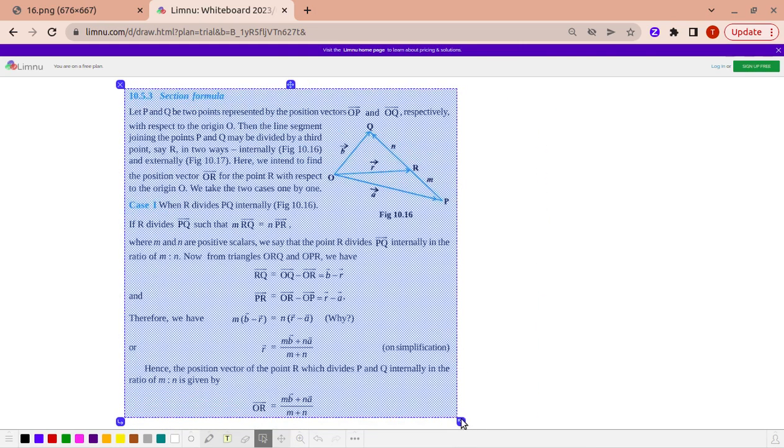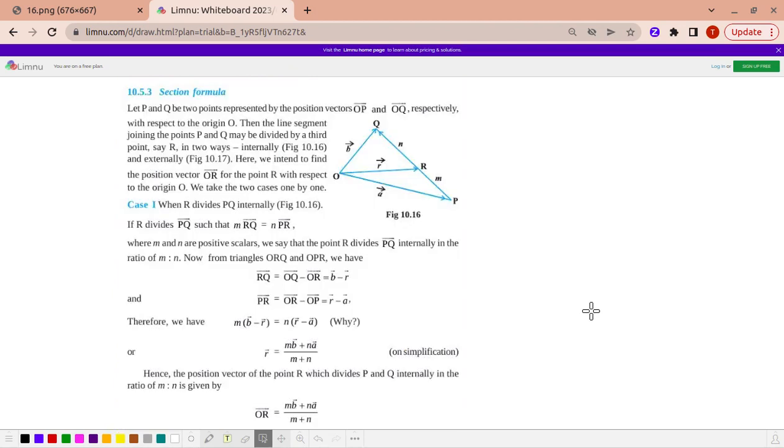The 2 points are represented by the position vectors OP and OQ. OP is denoted by the vector A and OQ is denoted by the vector B with respect to the origin O.